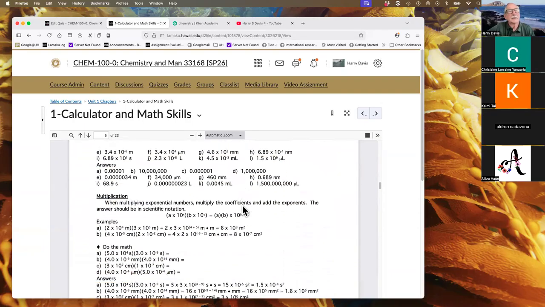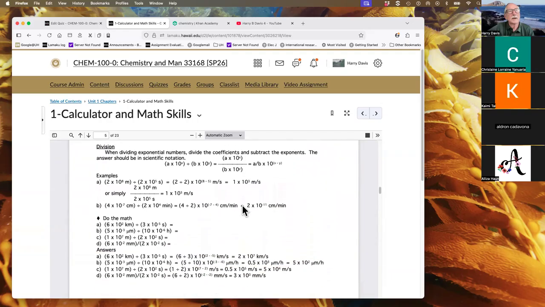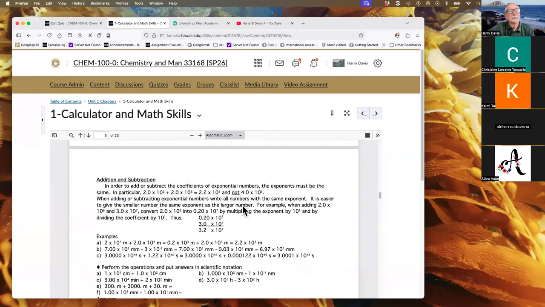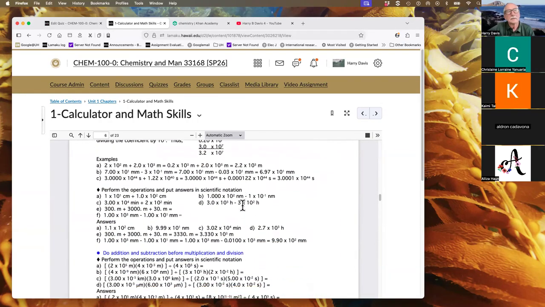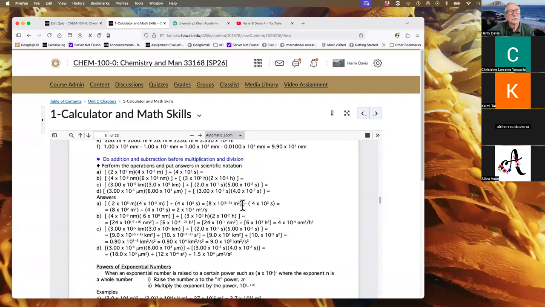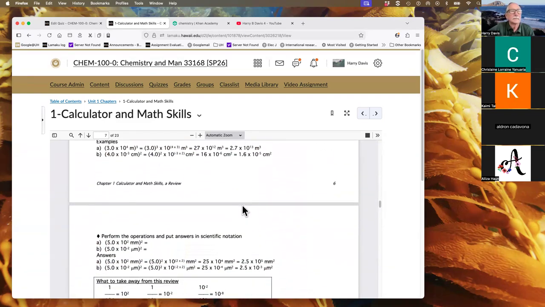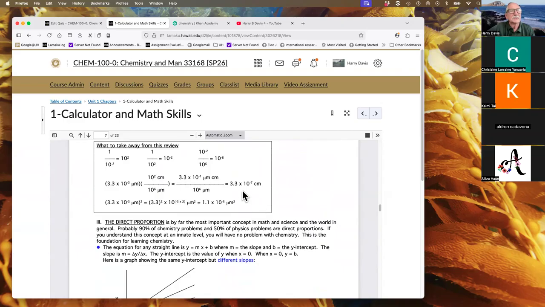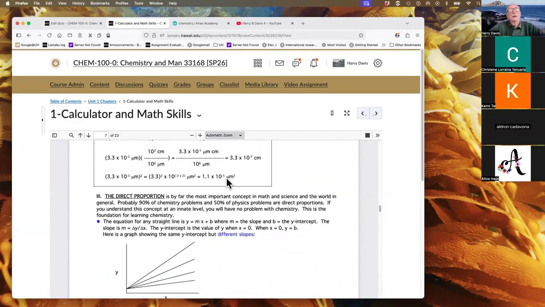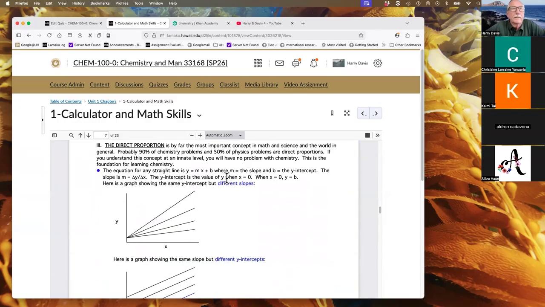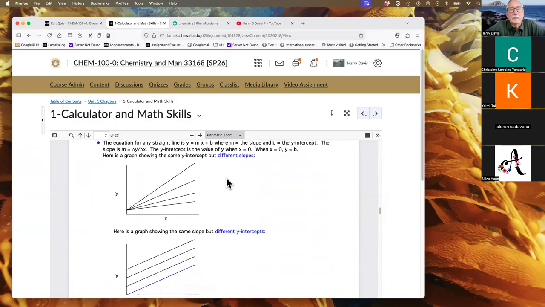This is the kind of thing I'm hoping you will go through on your calculator to get the skills that you need. And here's a summary of that, kind of a review. And then the direct proportion. Probably 90% of the problems that you will do in chemistry are direct proportion.